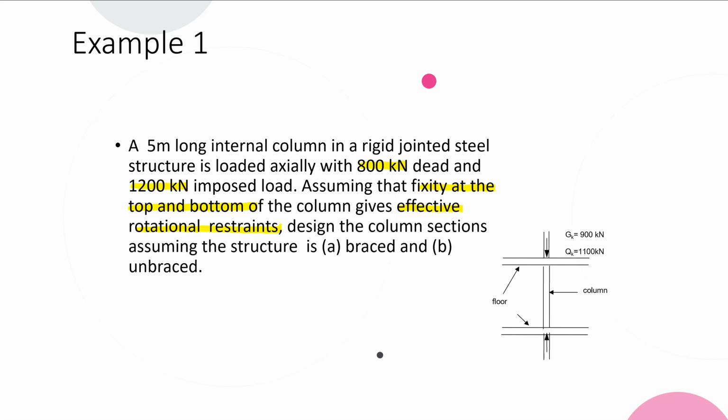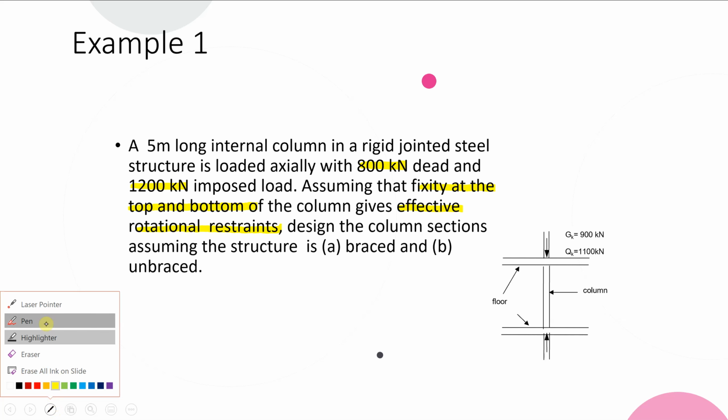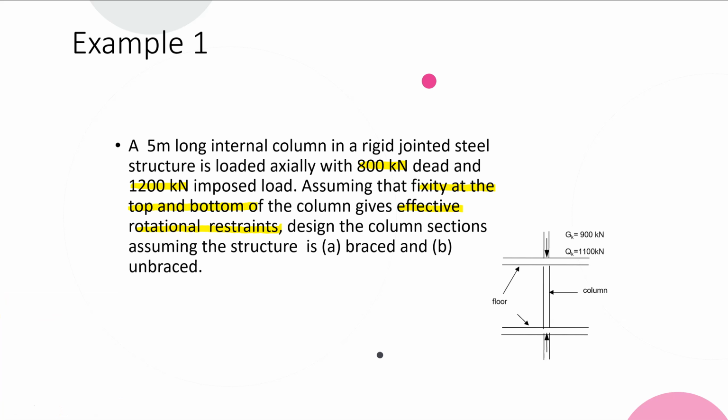So here they just explain about rotational, meaning dia boleh berpusing atau tidak. Actually this question tak ada mention at all about the position. So position ni bila dia tak ada mention, maksudnya it can be braced ataupun it can be unbraced.